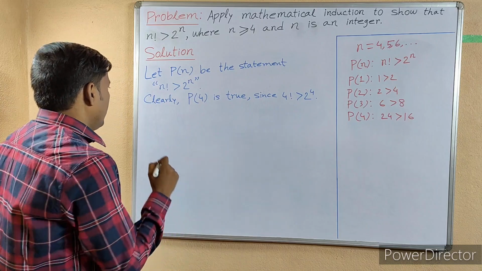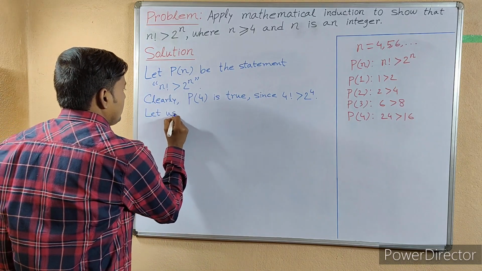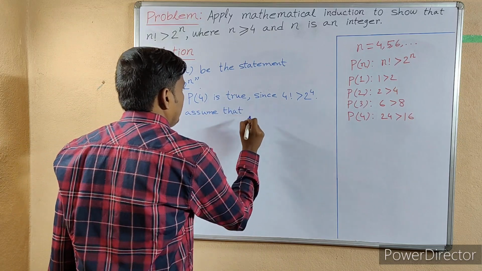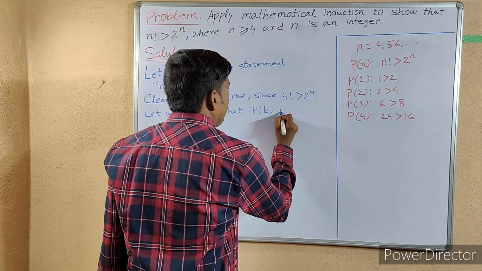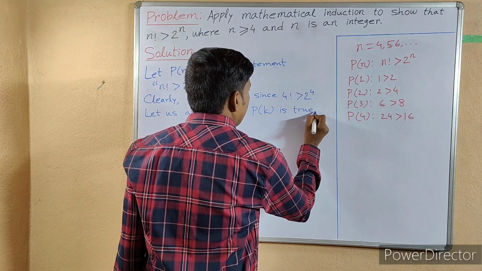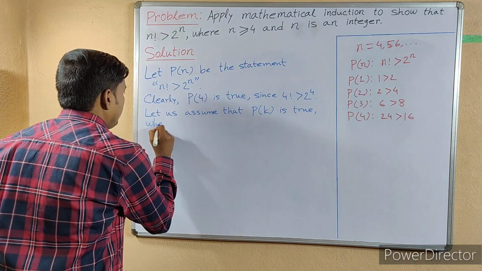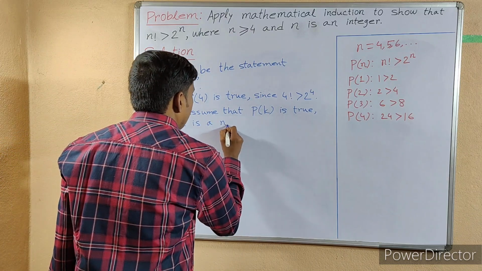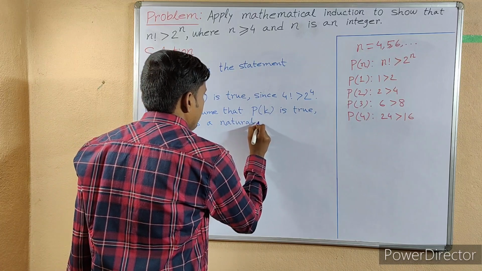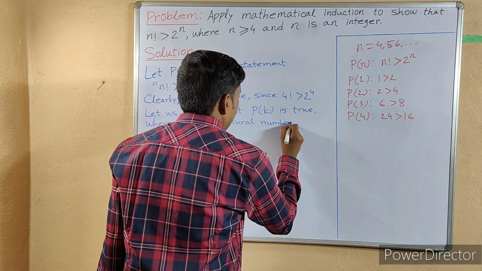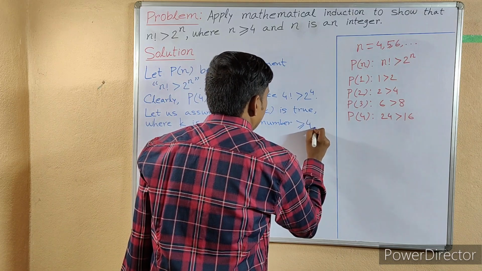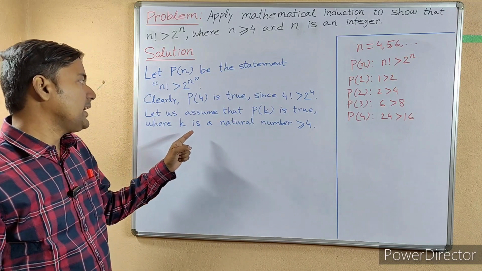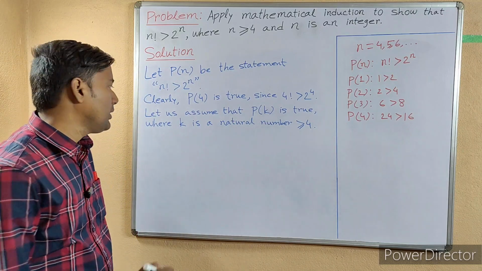Okay. Let us assume that Pk is true where k is a natural number greater or equal to 4.